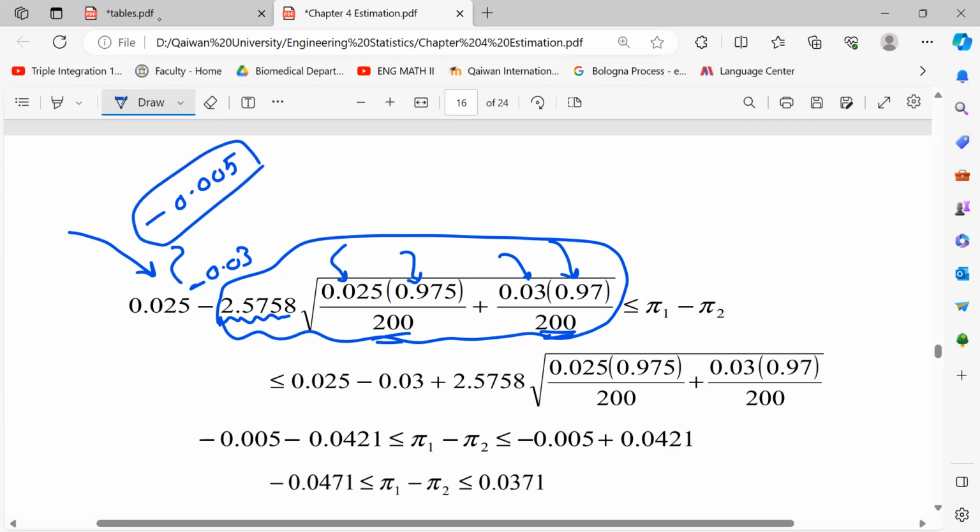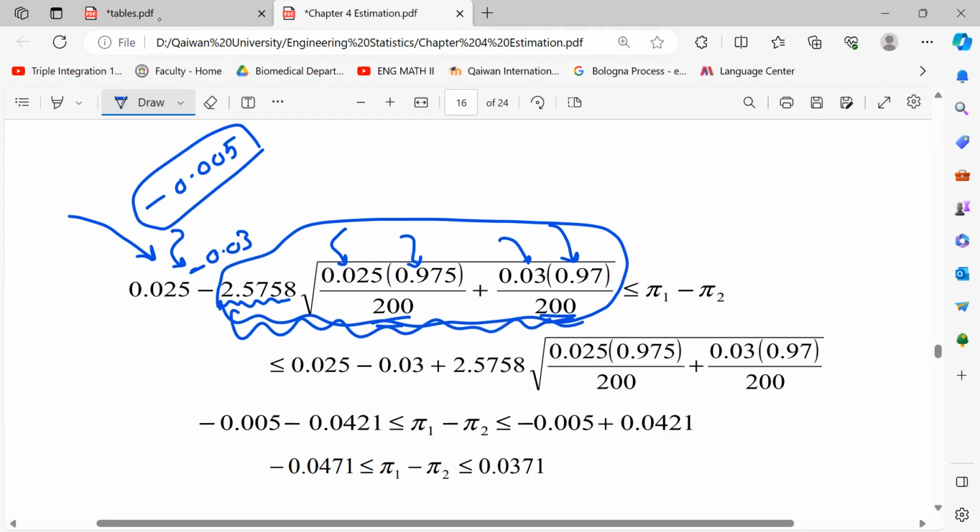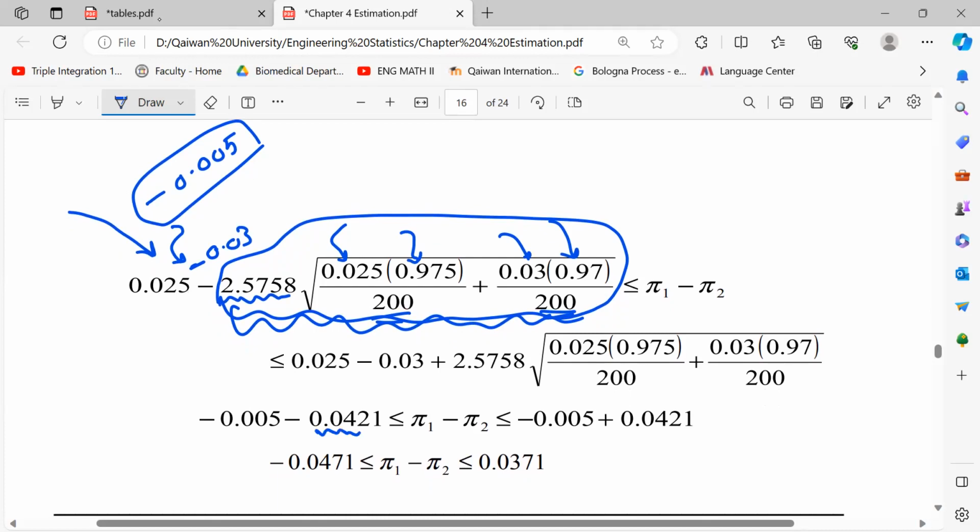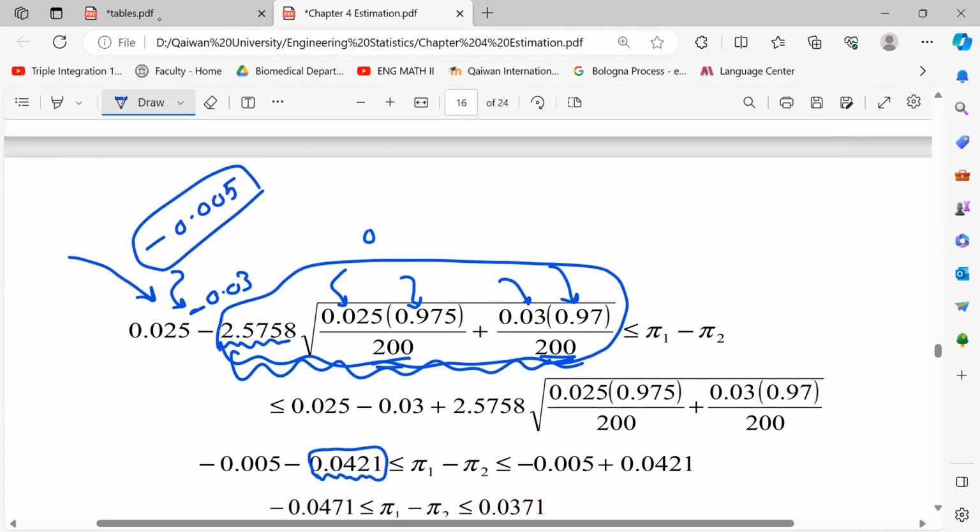This one is 0.025 minus, it's p1 minus p2. And calculating this gives 0.0421. Now, on the left you have this amount minus this amount, and on the right you have this amount plus this amount.